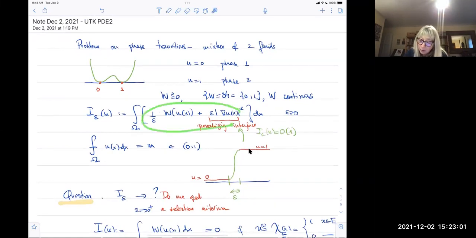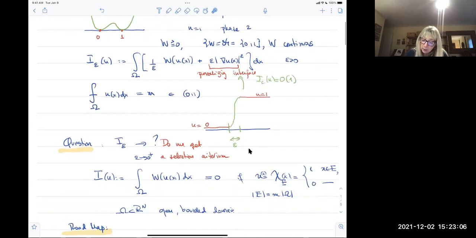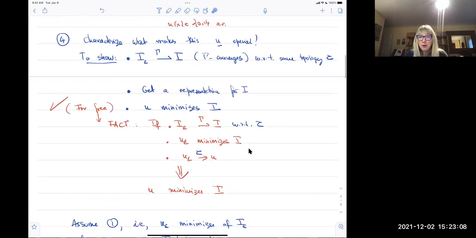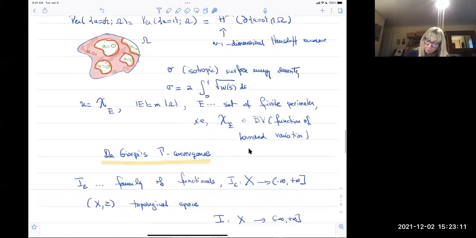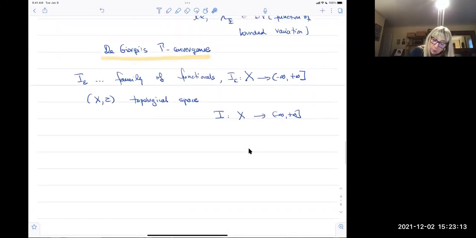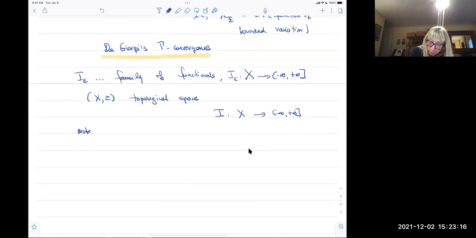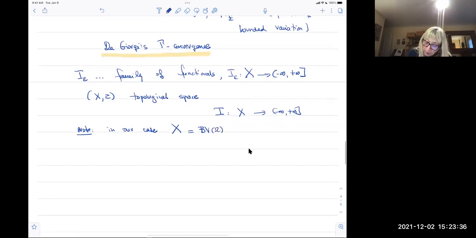It's a Sobolev function. I'm talking about gradient and all that, and still the limit function is going to be a characteristic function. Okay, so that's a note. X has to be the broad space where I land. So it's going to be the space of BV. Actually, it's going to be characteristic functions, but it's a special case of BV.